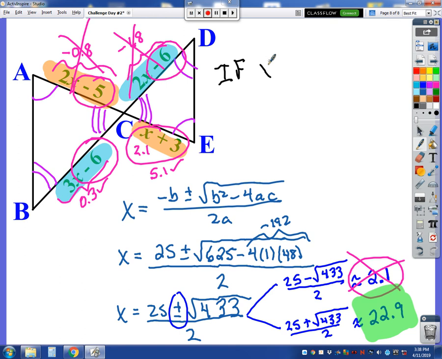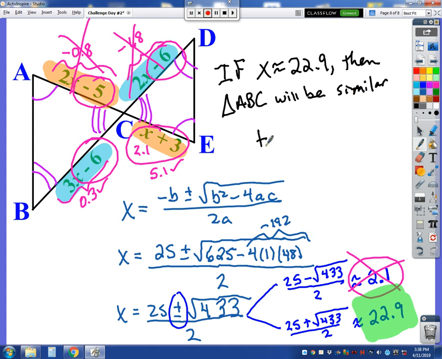If x is approximately 22.9, then, oh, let me go back one more. There we go. Then triangle ABC will be similar to triangle EDC by side angle side similarity.